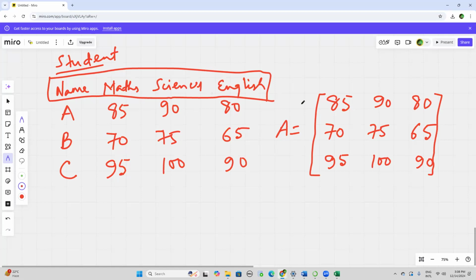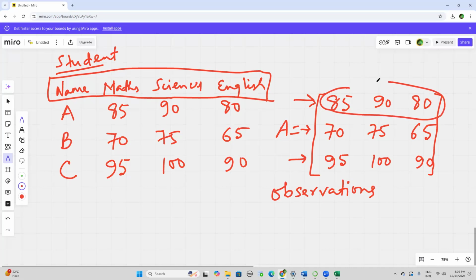Okay. Now here, each and every row, like this row and this row and this row, are known as observations. Now here is the difference between this and SQL. These are known as observations. If I'm talking about this one, this is the observation of which student?